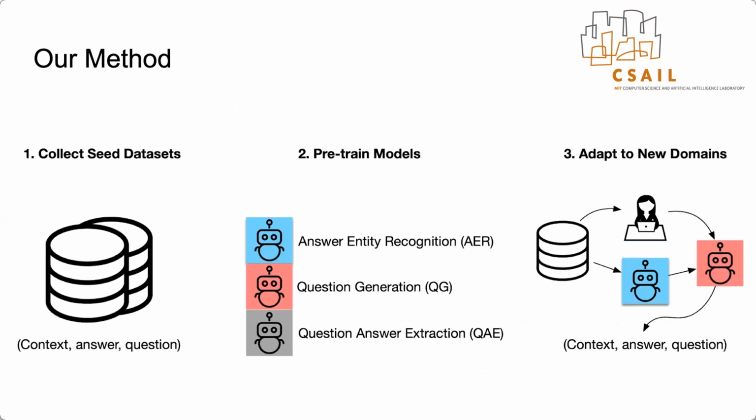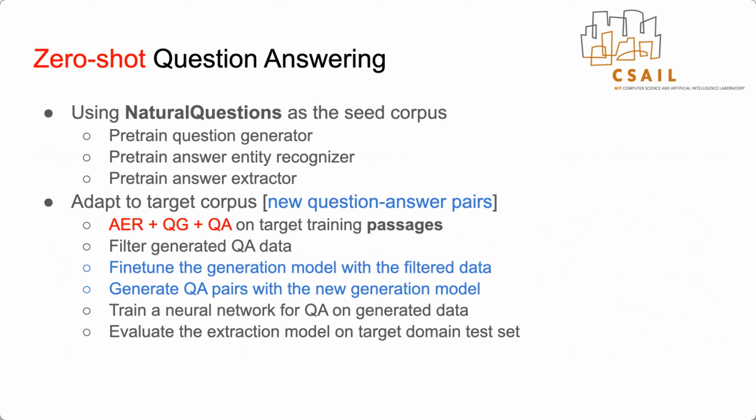So what we do is we first collect a seed data set. For example, Natural Questions or SQuAD, where we have annotated context, answer, question triples, and then we train three models. Firstly, an answer entity recognizer, then a question generator, and then a pre-trained QA model. And then we adapt these three models to the target domain and generate training data on the target domain. So the pipeline looks like this.